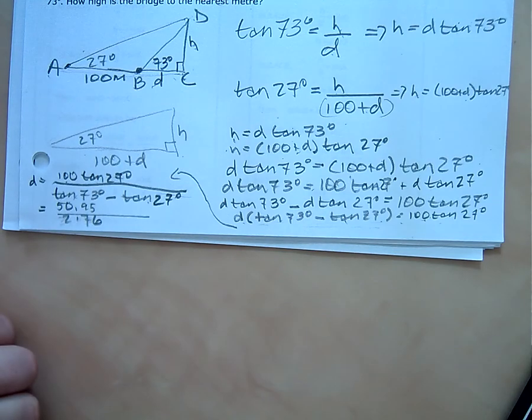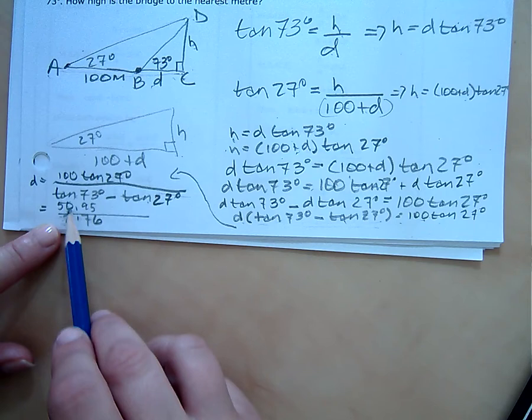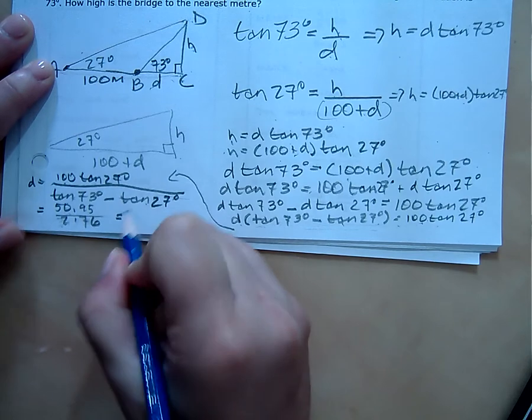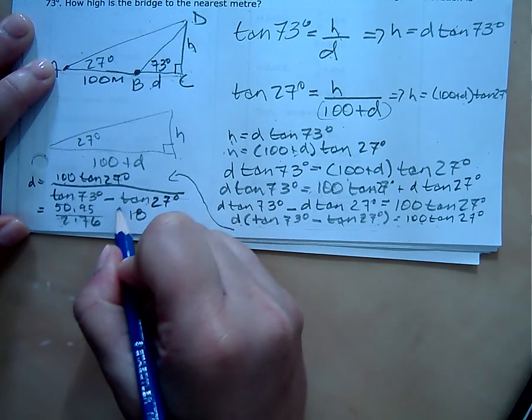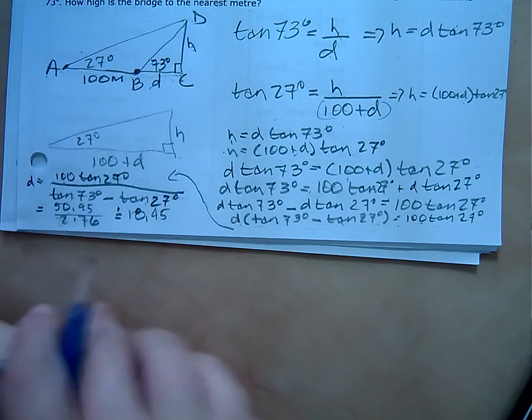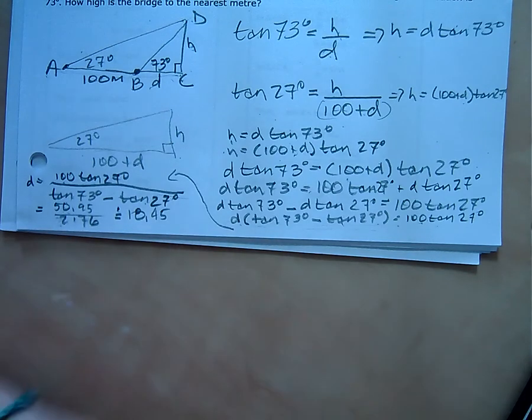Oh, actually, this is more like closer to 3 divided into 50. So I get about 18.45. 18.45219411942588, and then I don't see any more on my calculator screen.